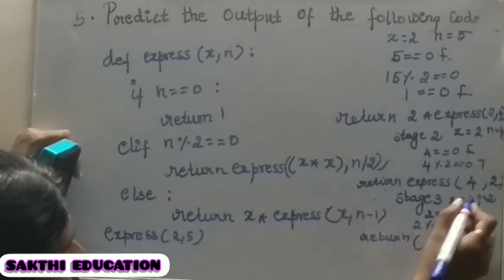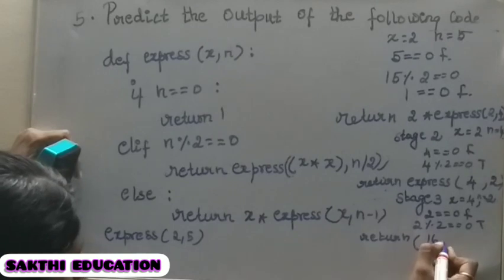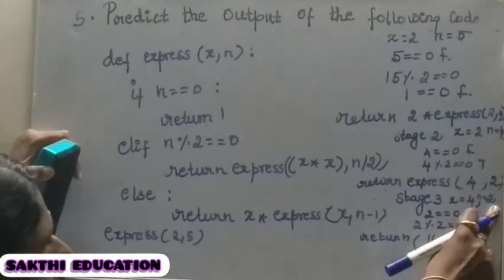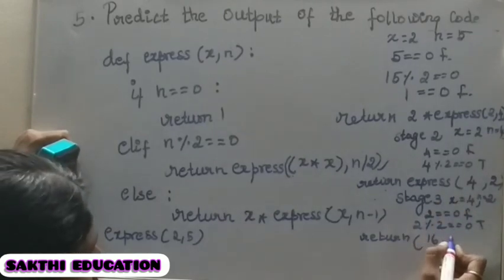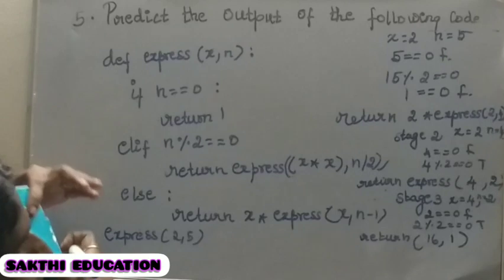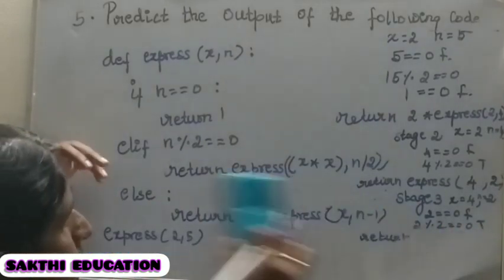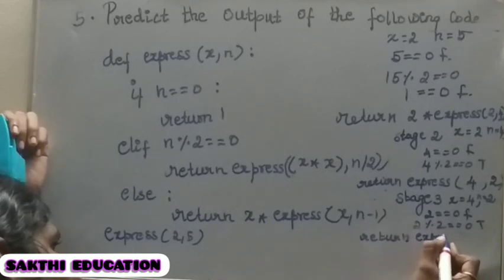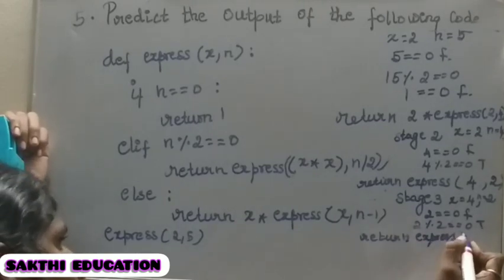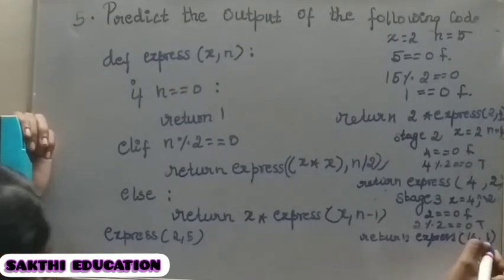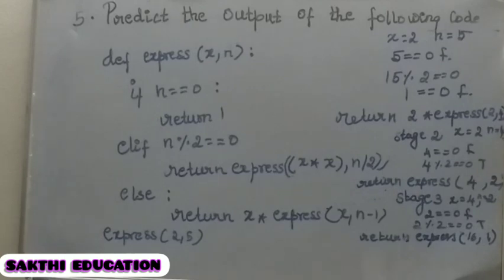What is the x value? 4. 4 into 4, 16. 16 comma, your n value is what? 2. So 2 divided by 2 is 1. So here your express of 16 comma 1. Your name of the function is express. X into x, 4 into 4 is 16. 2 divided by 2 is 1. This is your stage 3.